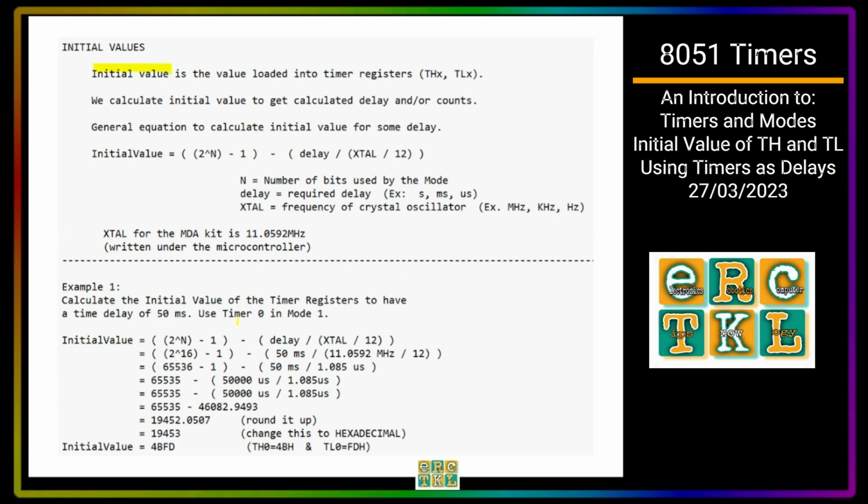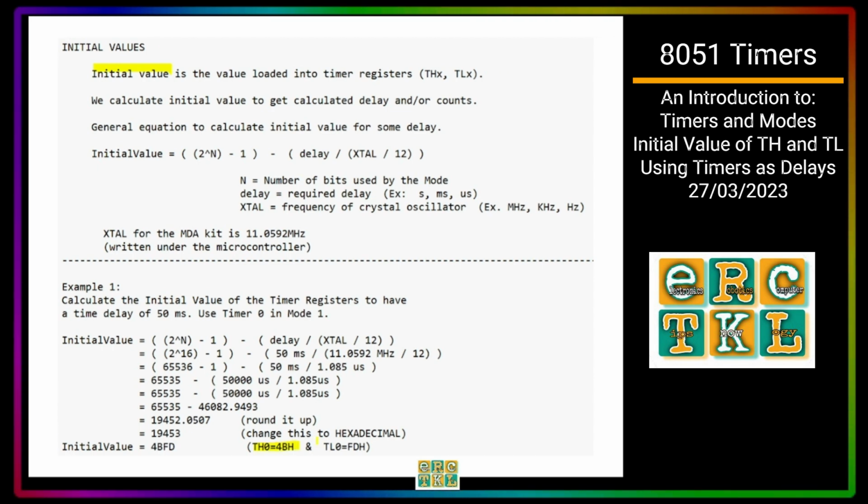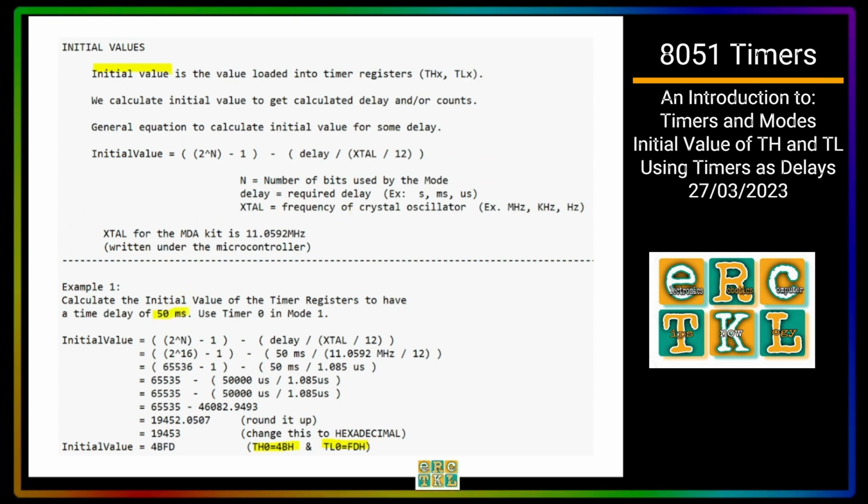This is the number that you will put here, look at this: TH0 will be 4B hexa and TL0 will be FD hexa. What is that? That is if we want to have a delay of 50 milliseconds. In other words, the timer can give us the exact time.